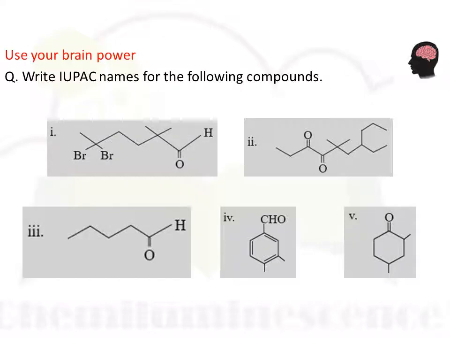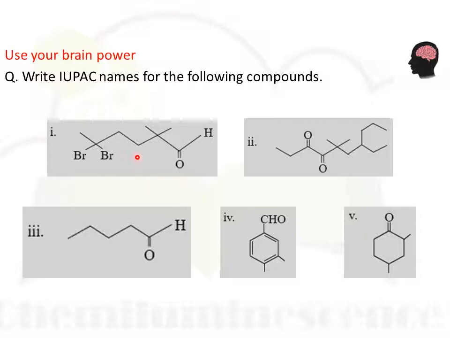Let's solve this problem. Write the IUPAC name for the following compounds. For writing the name of all these compounds, first we have to find the functional group present in these compounds. In the first compound, if you observe, the functional group is CHO, that is the formyl group. Hence, this compound is an aldehyde.